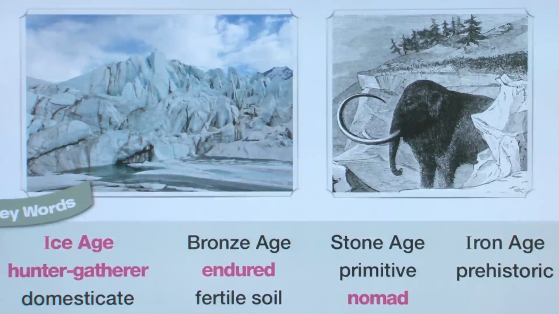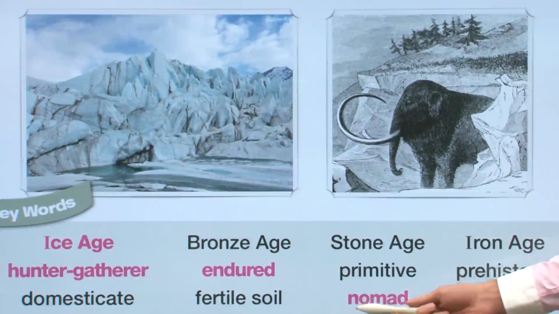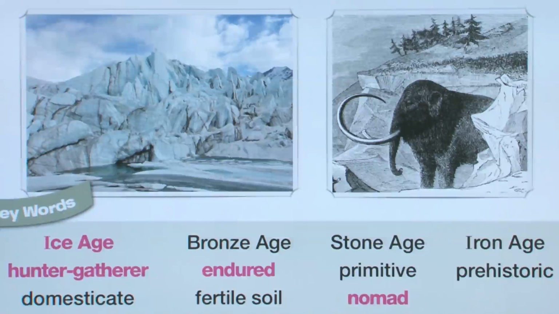Endured, or endure, means to struggle through a problem, to push through and have a tough time but make it through to the end of the problem, such as the very cold Ice Age was a big problem for many people. Many people were also nomads. The hunter-gatherers were usually nomads. A nomad is a person that doesn't live just in one place, but they move around periodically to different places to get their food and shelter.